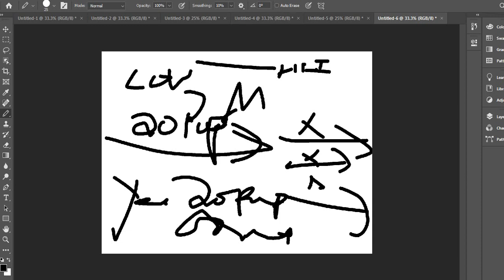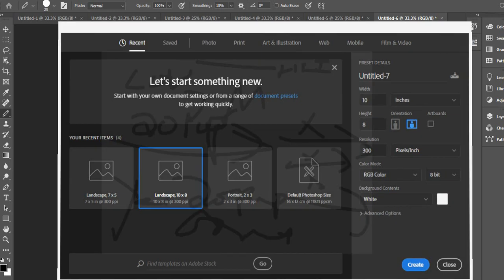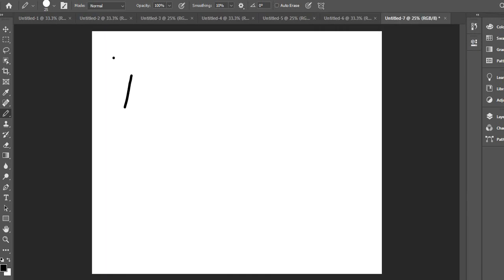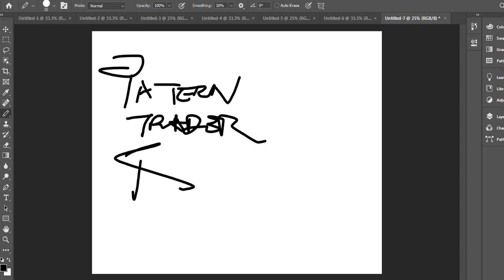If you can predict liquidity, I'm telling you guys, you're gonna see a change, because your focus will move from being a pattern trader into following money.